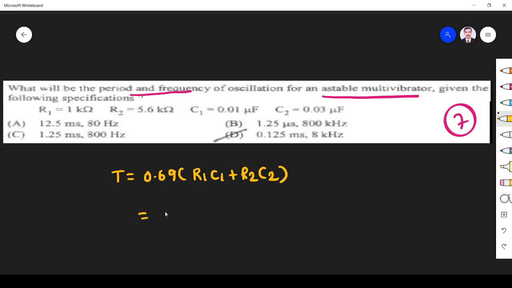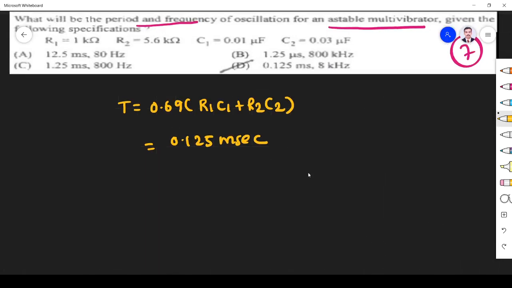Substitute all the values, what you get is 0.125 millisecond. They also ask the frequency of oscillation. Frequency of oscillation is given by 1 by T, that is equal to 8 kilohertz. So option D is the correct answer.